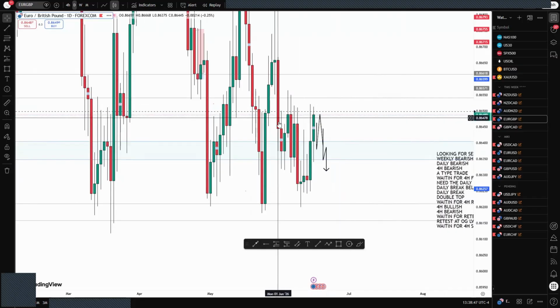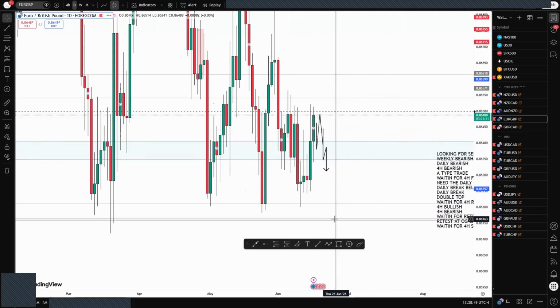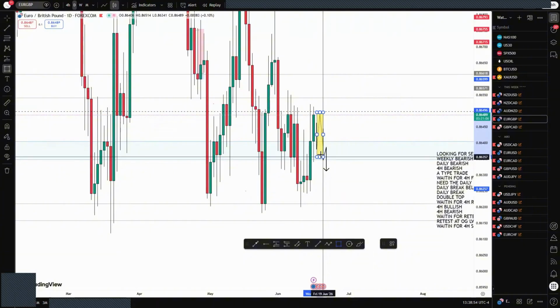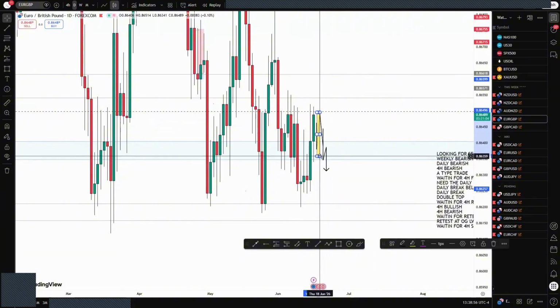Even if it takes out this double top, this weakness, we are looking for a shift to give the daily that. So first we can look at the original regardless.